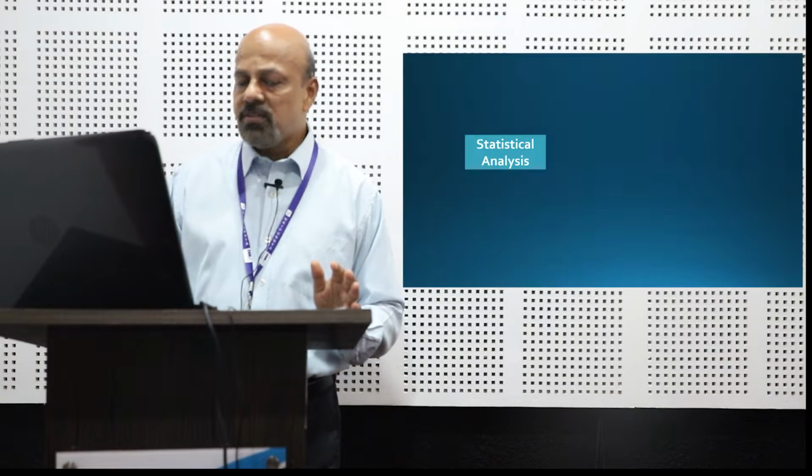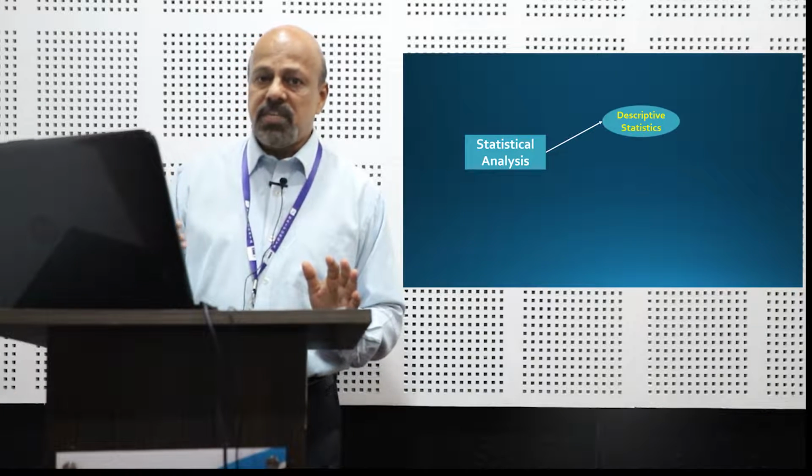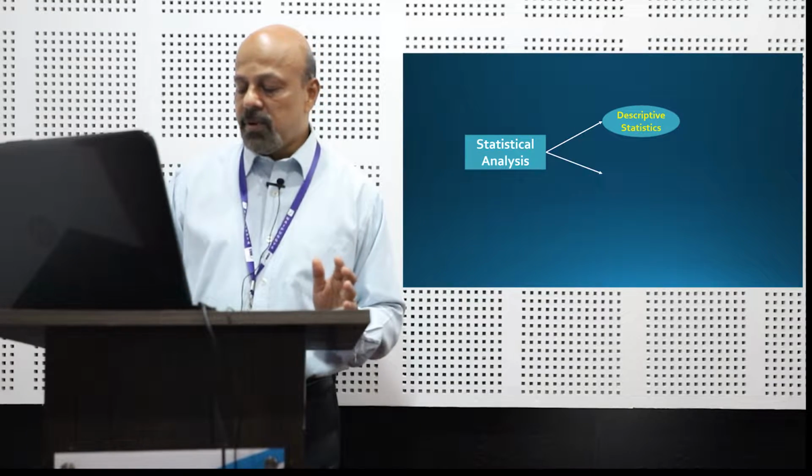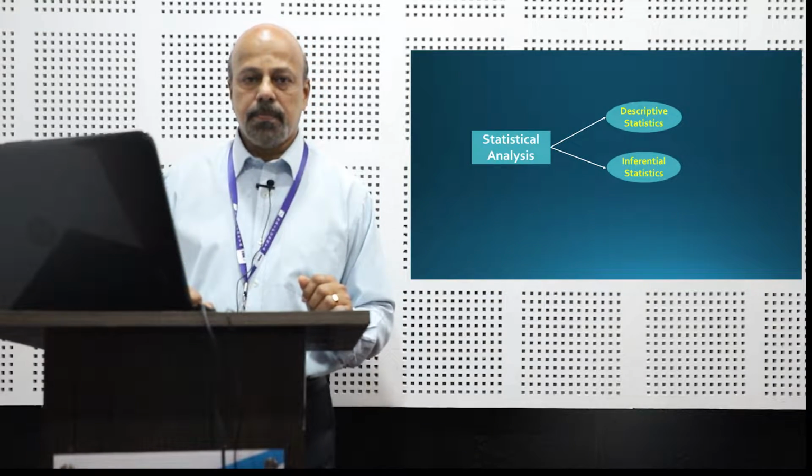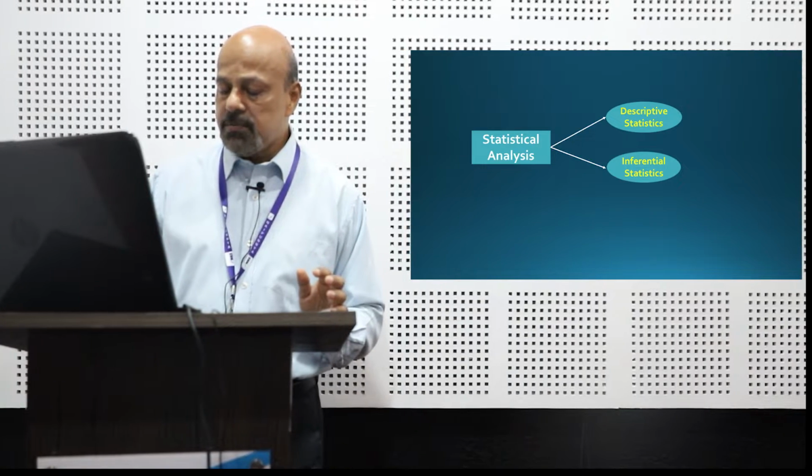And in research methodology, when we conduct statistical analysis, generally there are two ways of conducting this statistical analysis. One is descriptive statistics, and the other one is inferential statistics. And what is descriptive statistics?